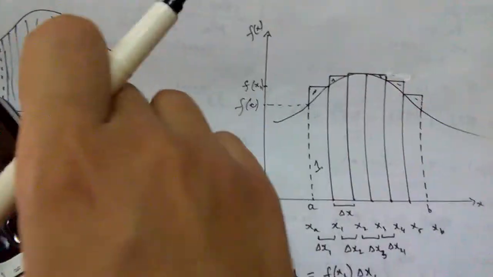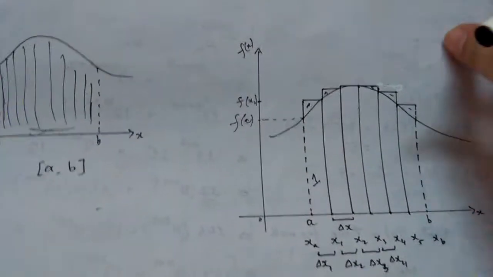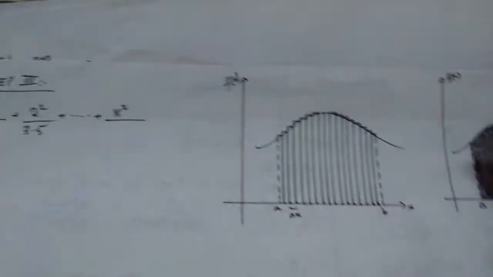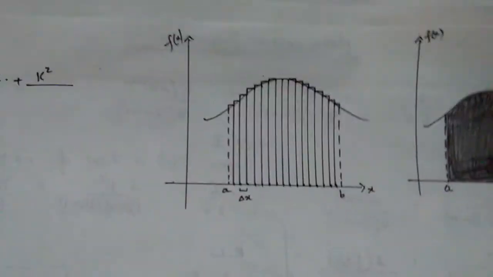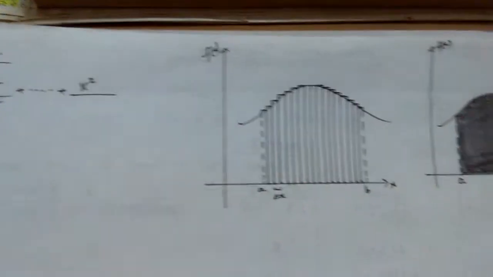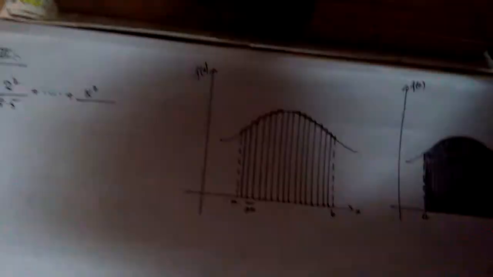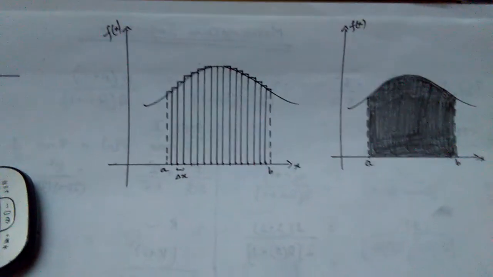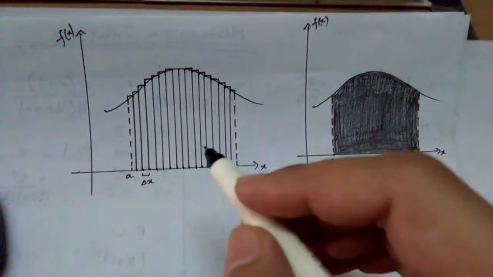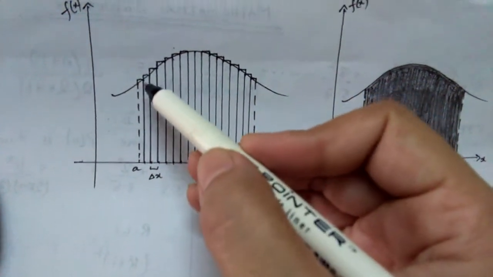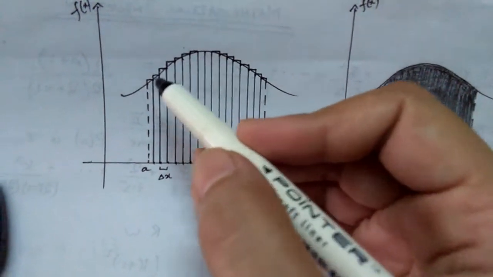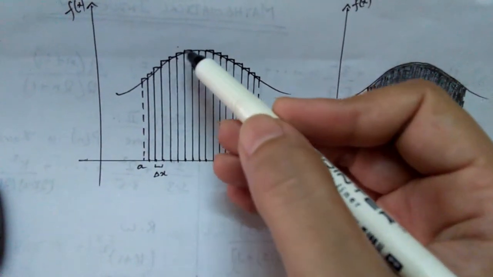So it comes over here. Now you can see that I have minimized the width of the rectangles, and you can see that the presence of this extra region is getting minimized.